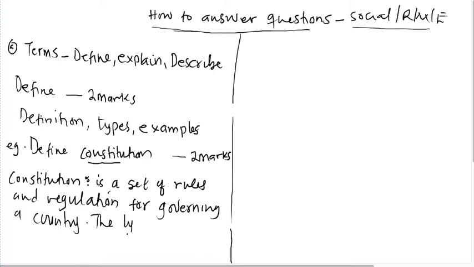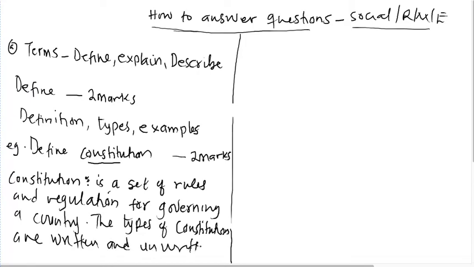The types of constitution are written and unwritten. So we now give example of written to be Ghana's constitution, unwritten to be maybe UK's constitution. Then you are done.